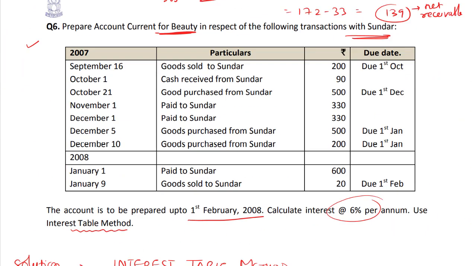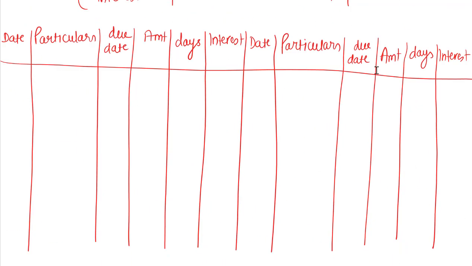Let us read the question. On 16 September, goods sold to Sundar 200. Due date is 1st October. 16/9/07, to sales. Due date is 1/10/07. Amount is 200.